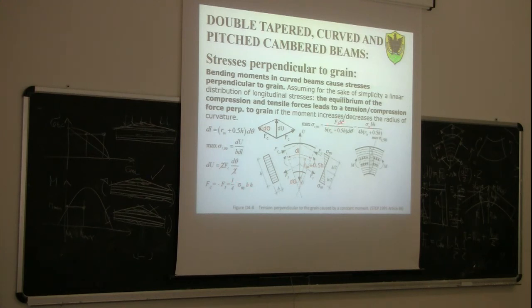We can simplify the theta, we can simplify b with b. So in the end we find that max sigma T90, so the maximum tensile stress perpendicular to the grain, is given by sigma n, which is the normal Navier bending stress parallel to the grain, times the coefficient Kp, where Kp is given by 1/4, so 0.25, times h divided by r in plus 0.5h.